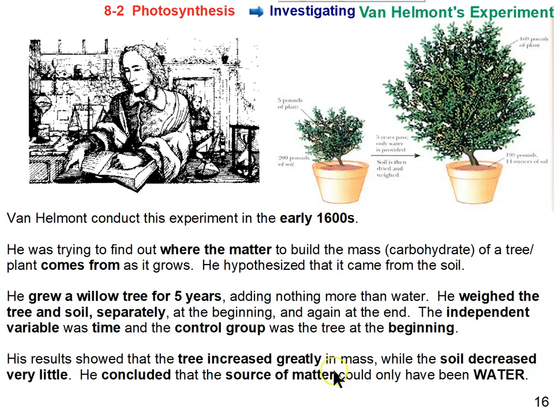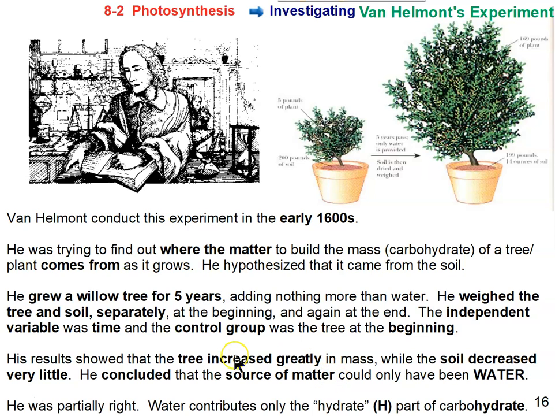So he concluded that the source of matter could only have been what he added throughout the entire 5 years, and the only thing he added was water. So he concluded that water is where the mass of the tree comes from, that trees are basically made out of the components of water, which you know is H2O. And he was partially right, but only partially.